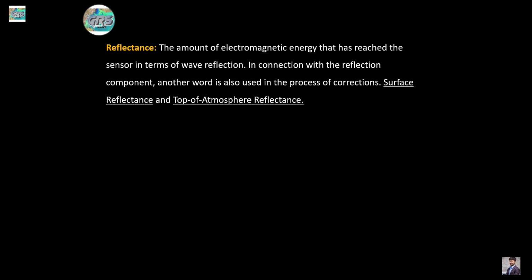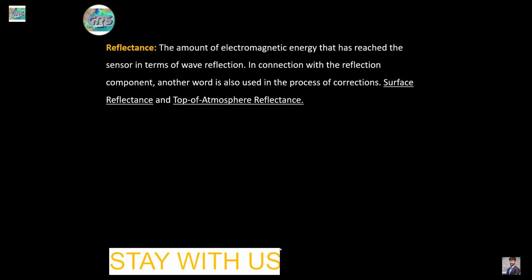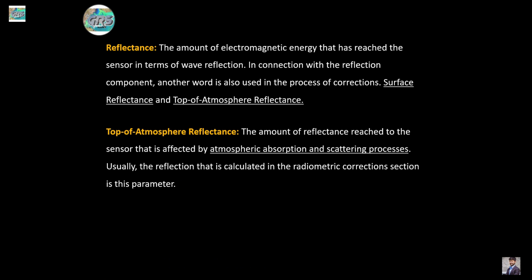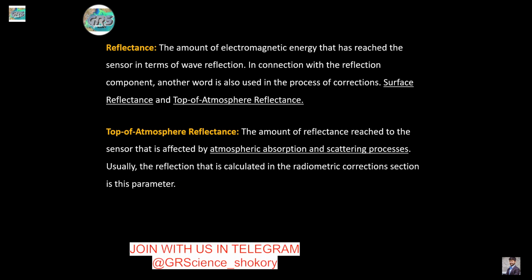Another question, what is reflectance? The amount of electromagnetic energy that reaches the sensor in terms of wave reflections. Sometimes you hear about top of atmosphere correction and surface reflection. Top of atmosphere reflectance means the amount of reflection reaching the sensor that is affected by atmospheric absorption and scattering processes.